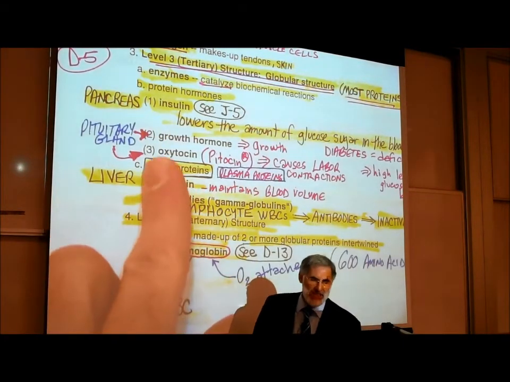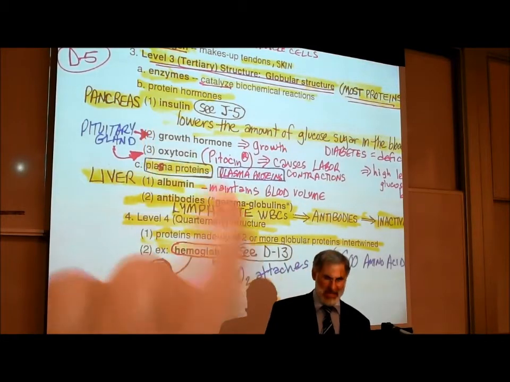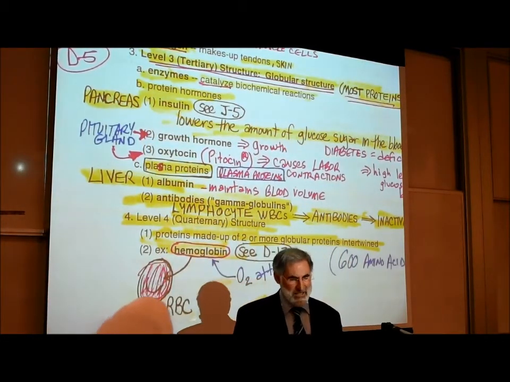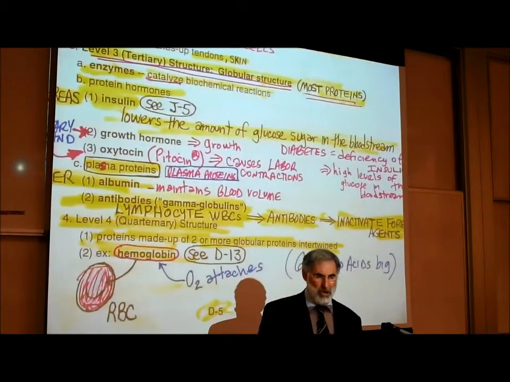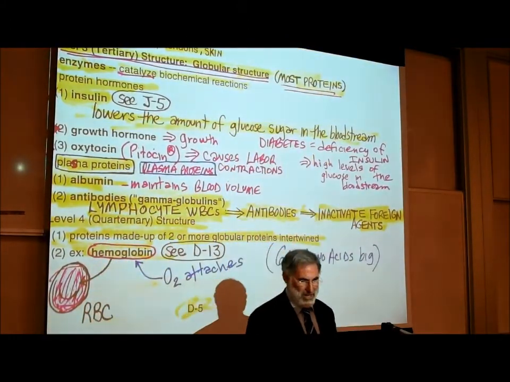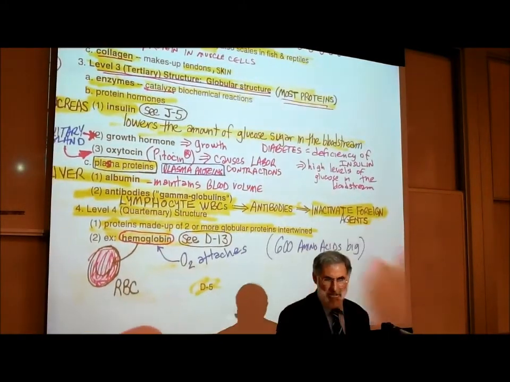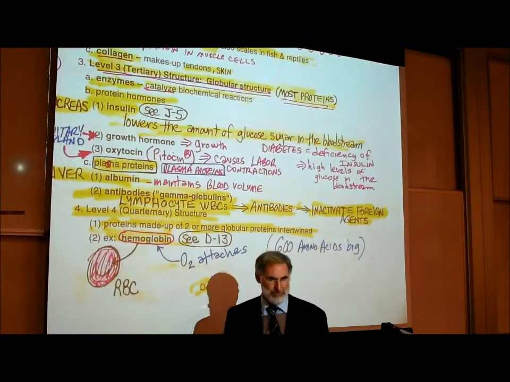So the pancreas has a number of functions, and one of those is to secrete a hormone called insulin. What does insulin do? It is a protein hormone that lowers the amount of sugar, glucose sugar, in your bloodstream. So insulin actually lowers the amount of glucose in your bloodstream.